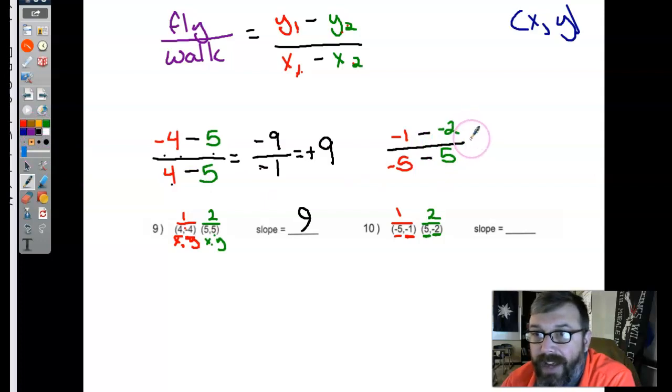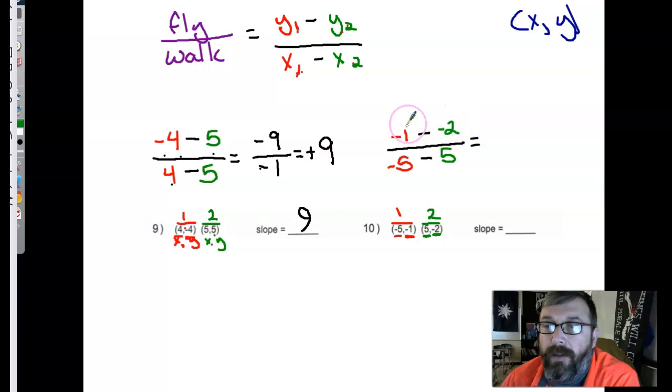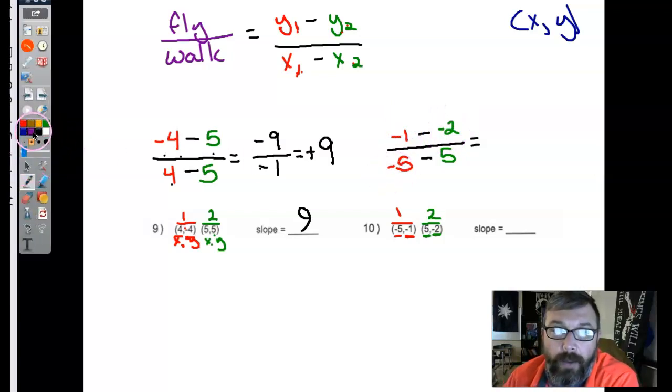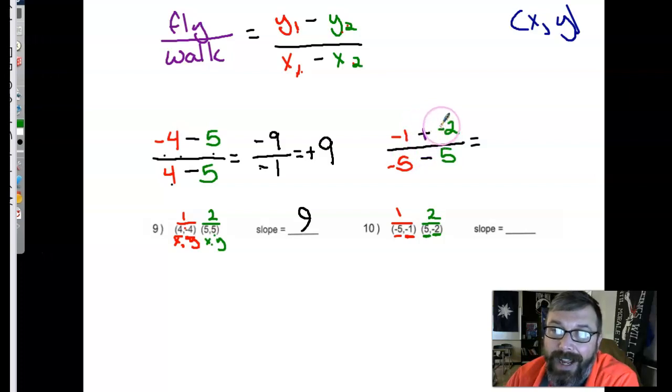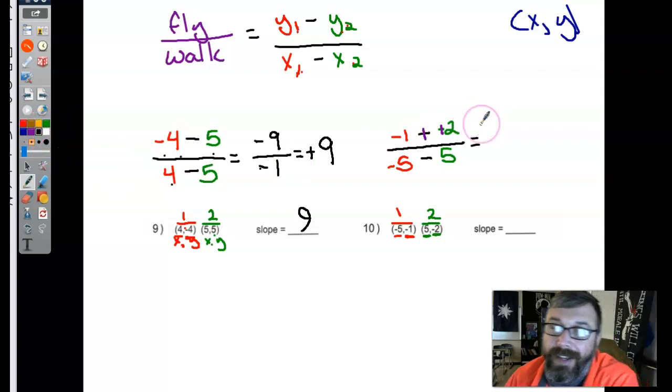All right, now I just have to remember to keep my integers straight. Now I have subtracting a negative number. If you remember back with integers, subtracting a negative number is the same thing as adding a positive number. So I like to go on ahead and change those as soon as I see it to help me keep things straight. Now, -1 plus 2.